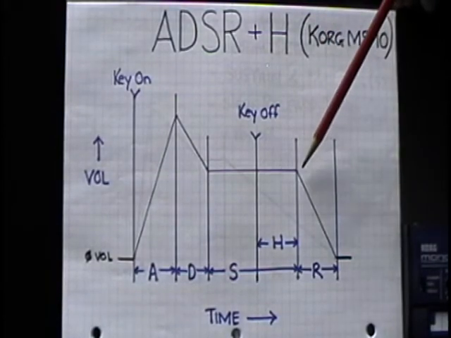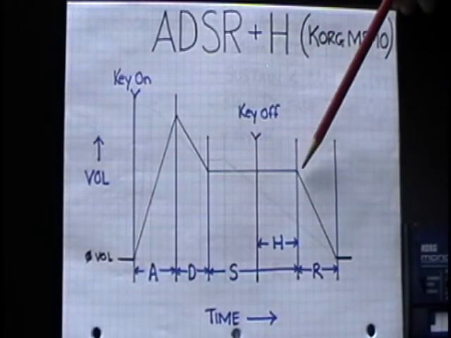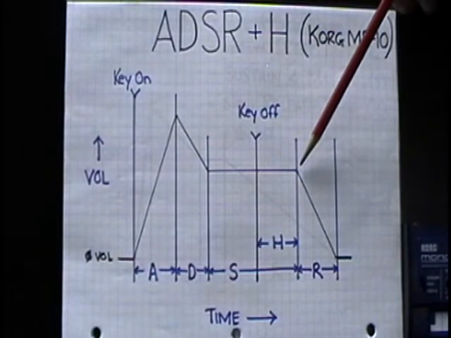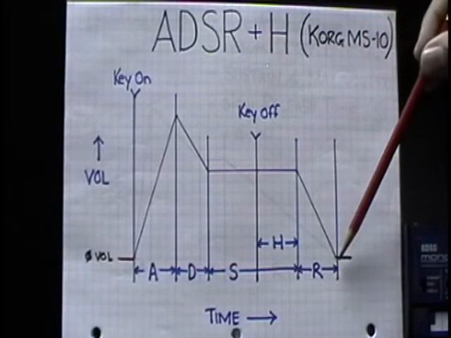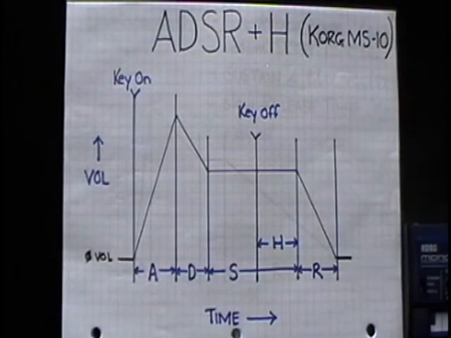And then after that hold time expires, the volume will drop back down to 0 at a rate determined by where we have our release set. So now that we've looked at the graphic representations, let's see some of this in action on the Korg.